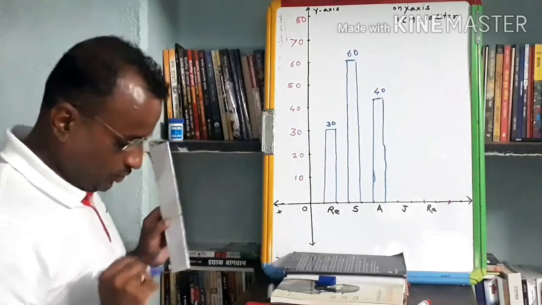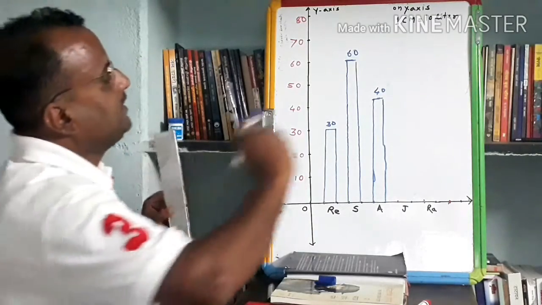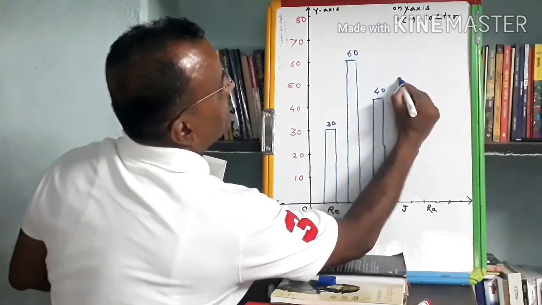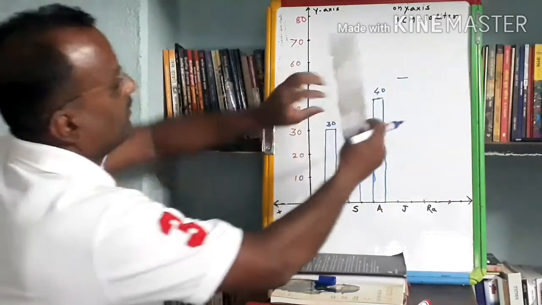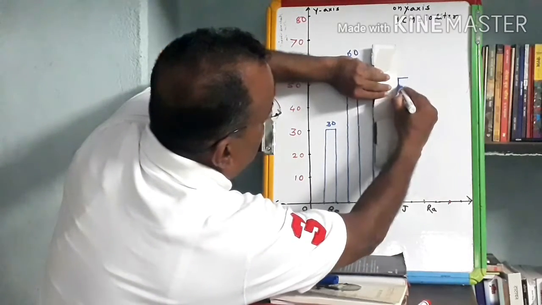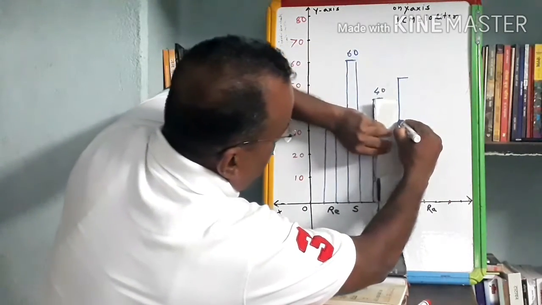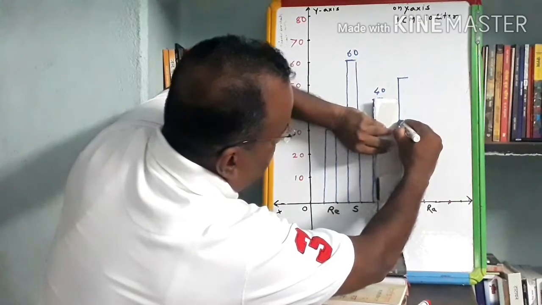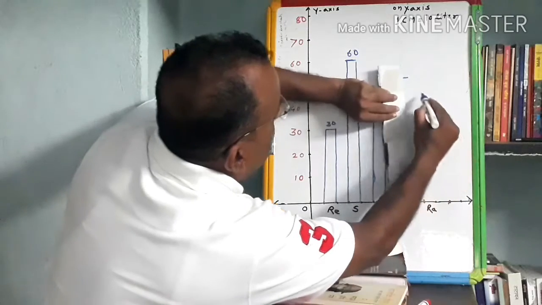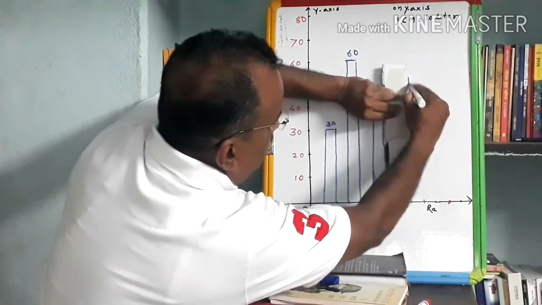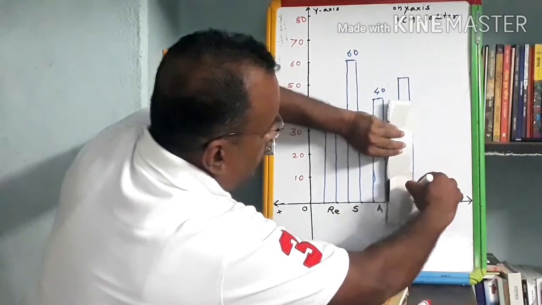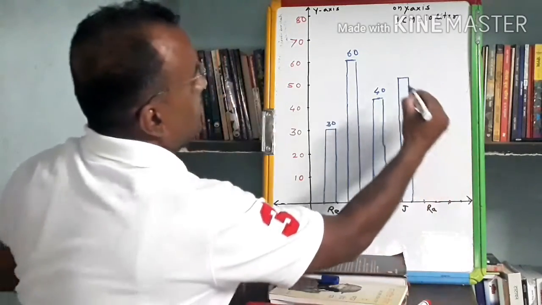Then Julie's family consumes 50 liters per day. Here is Julie's family once again, 50 liters per day.